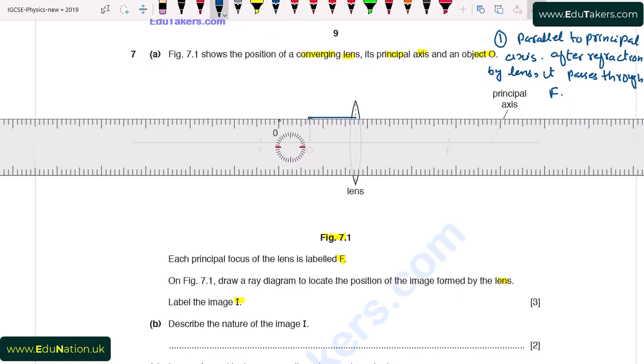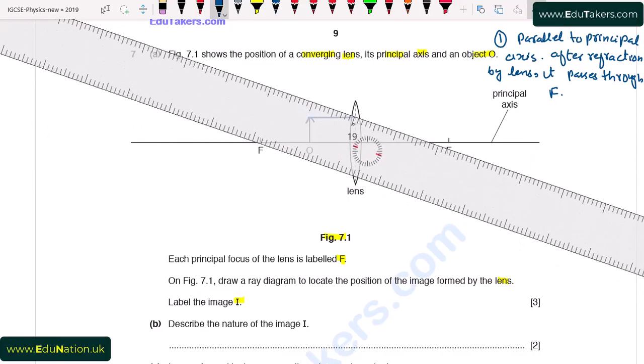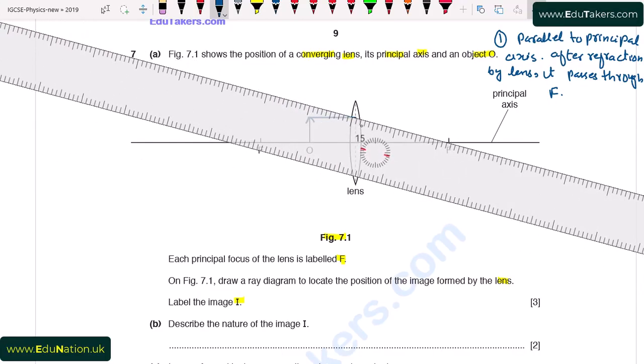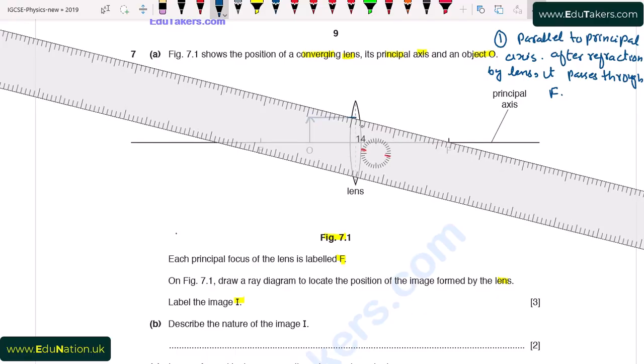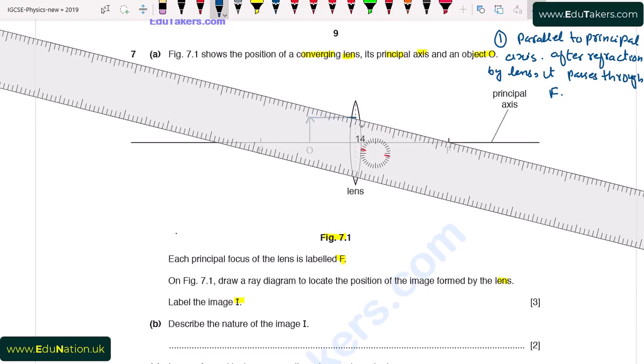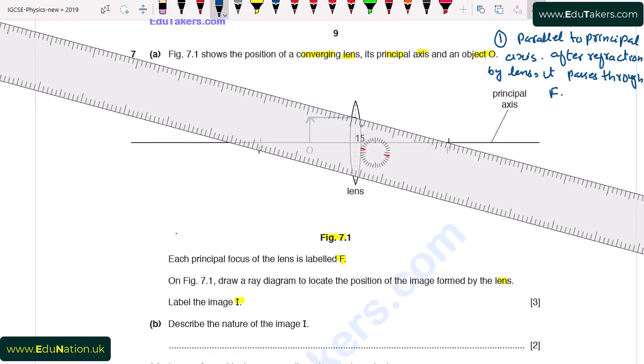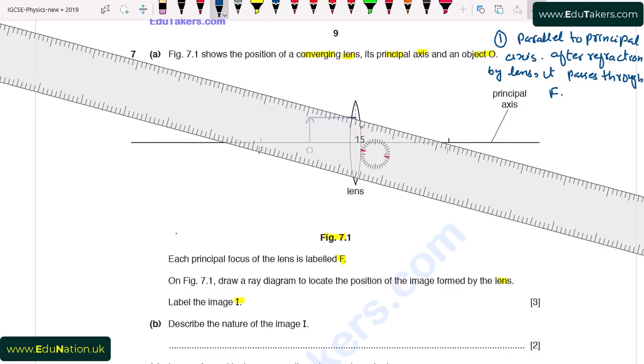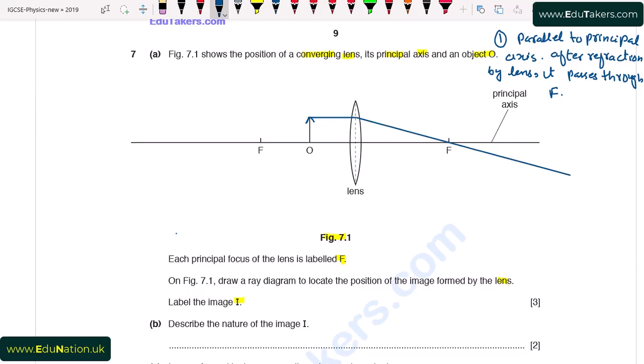This line is parallel to the principal axis, and by refraction through this lens, this ray passes through the principal focus. So this is the first ray.